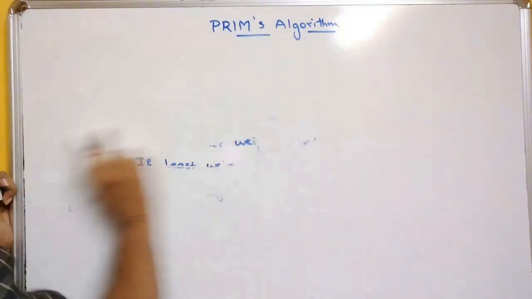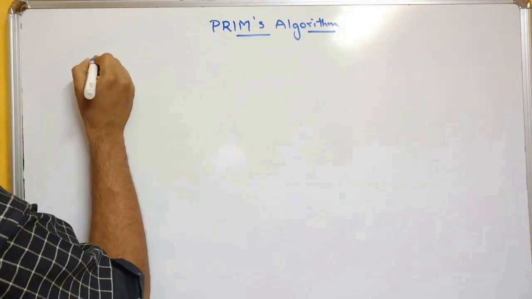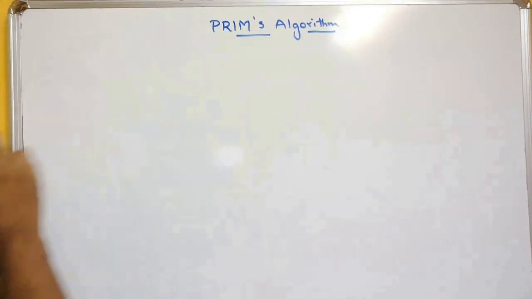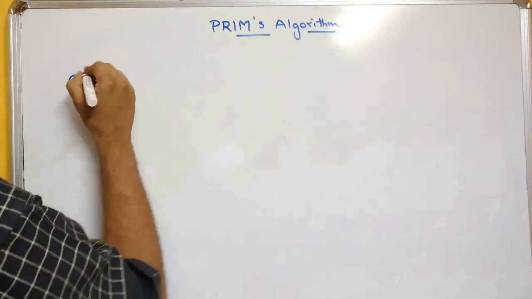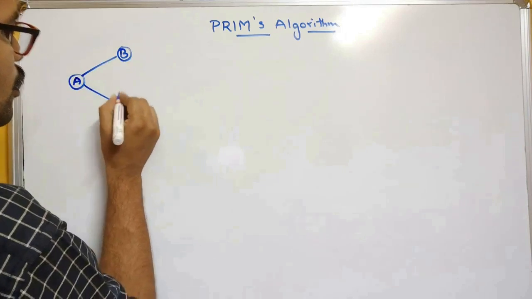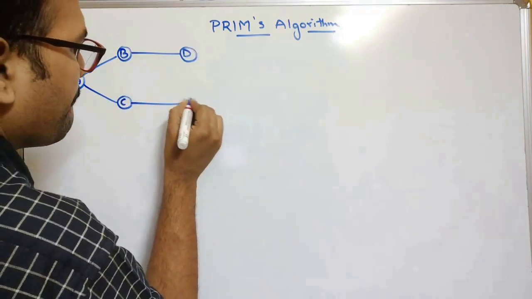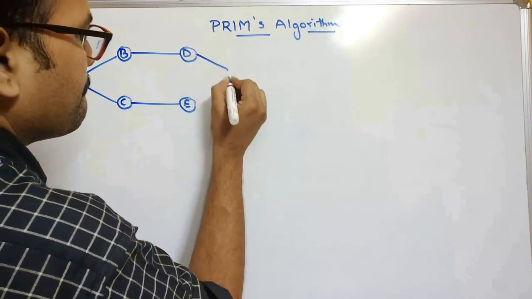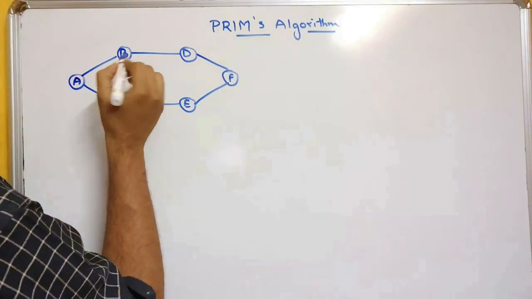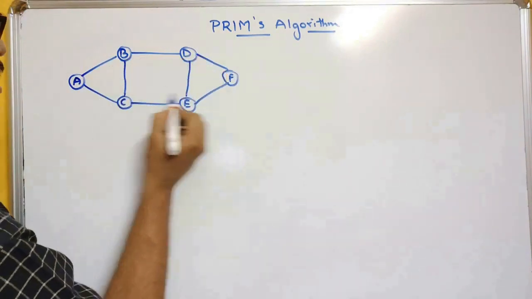So let us take an example. So consider one graph. So consider this graph.